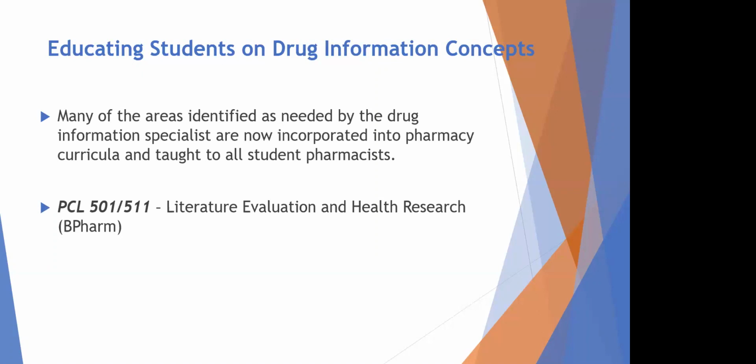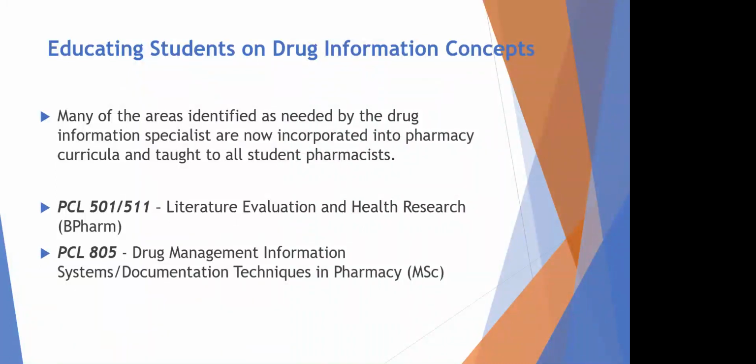Some of the topics in that course include drug information sources, information retrieval, literature review and evaluation, communication and presentation skills, etc. Then at master's level too, we have a course, PCL 805, which is called Drug Management Information Systems and Documentation Techniques in Pharmacy. Some of the topics in this course include setting up a drug information center, documentation and report writing, journal clubs, computer in pharmacy, etc.